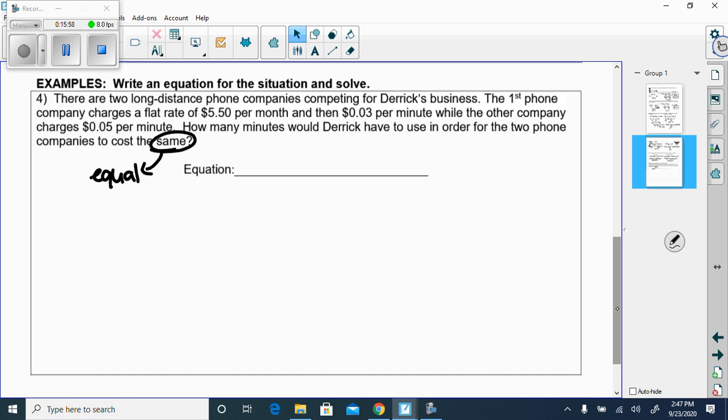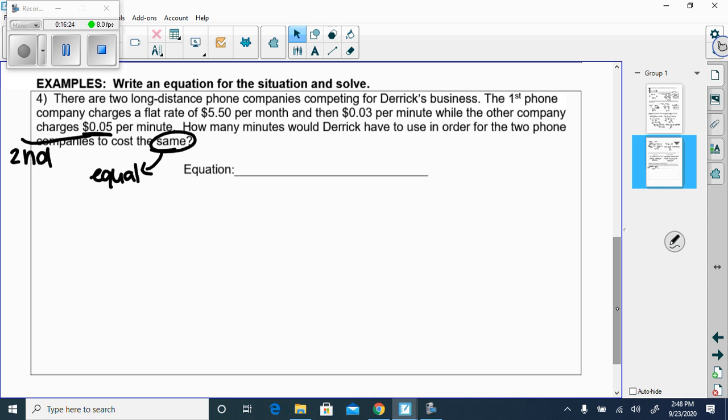This part, the $5.50 per month, is for our first. And this part goes with the second. So the first is this part, second is this part. I'm going to write the stuff about my first company down first.